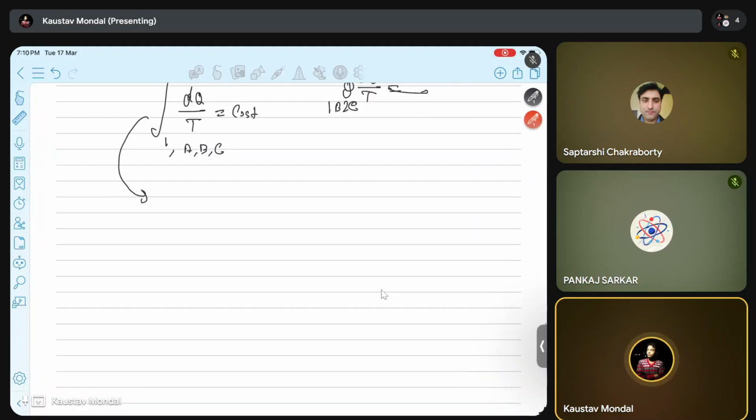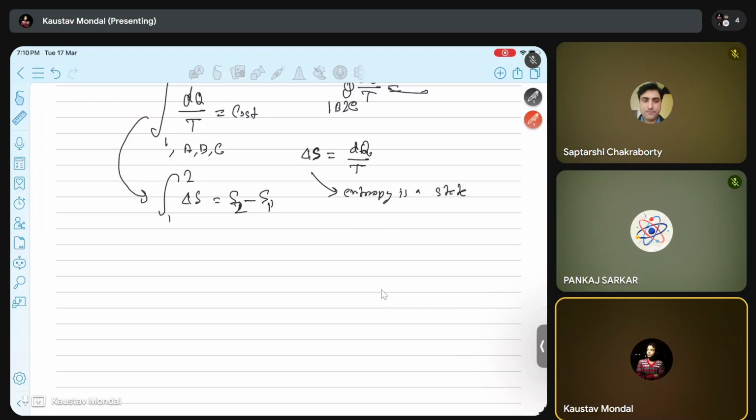So delta S is nothing but the integral of dq by T from 1 to 2, that is S2 minus S1. So entropy is a state function.